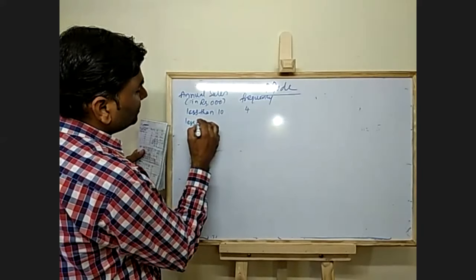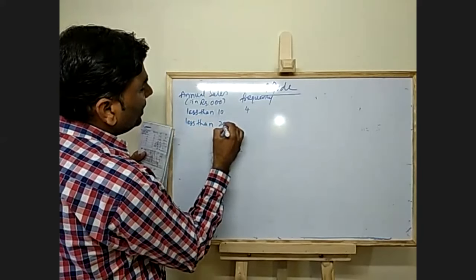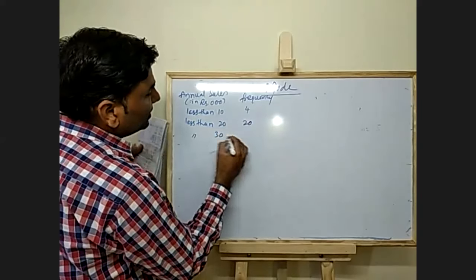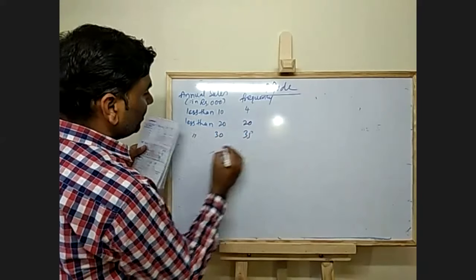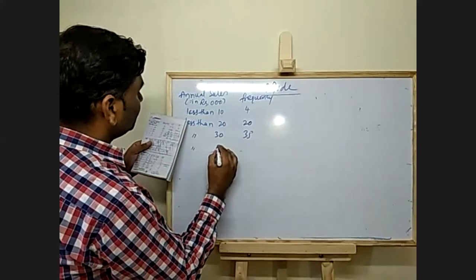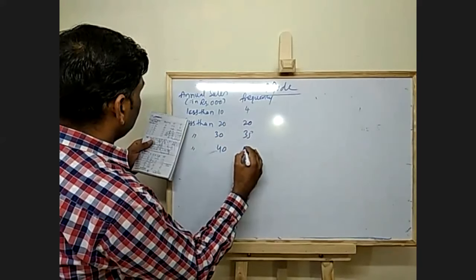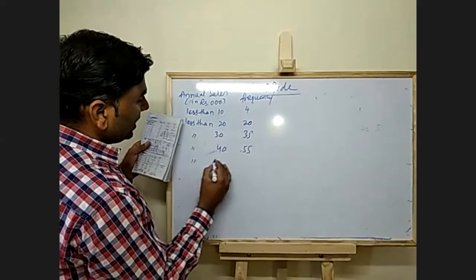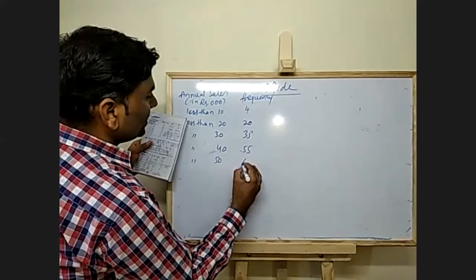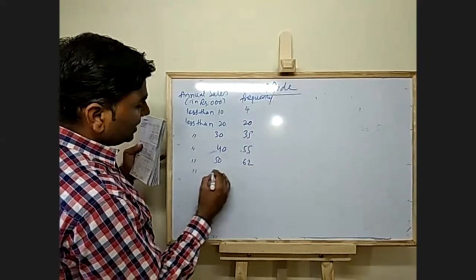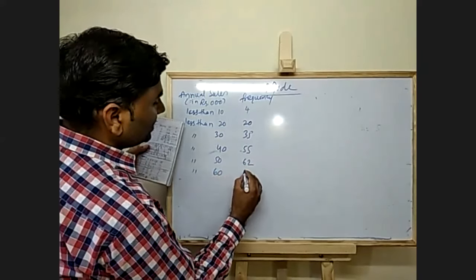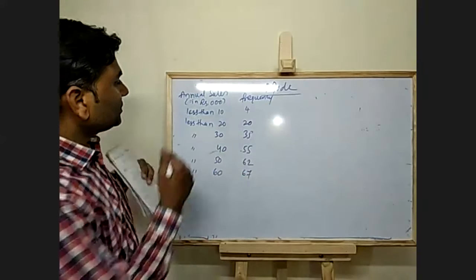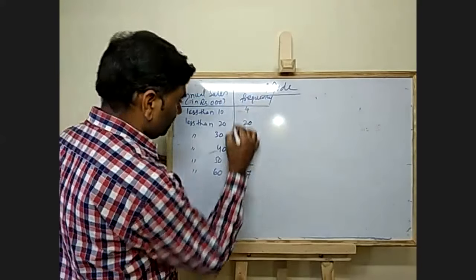Less than 20, frequency is 20. Likewise, less than 30, frequency is 35. Less than 40, frequency is 55. Next is less than 50, frequency is 62. Less than 60, frequency is 67. So this is the data given.